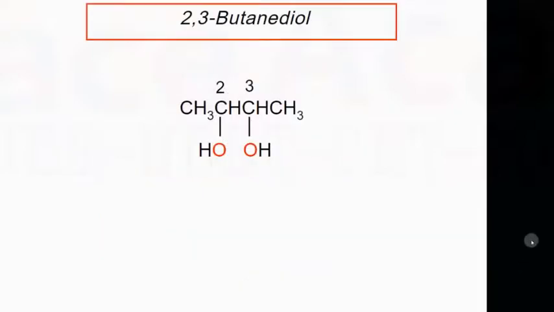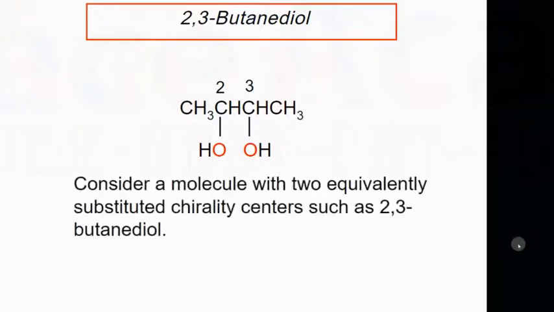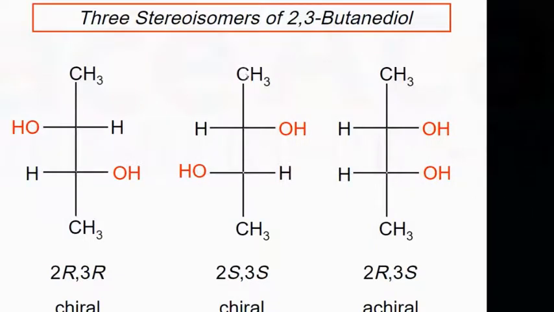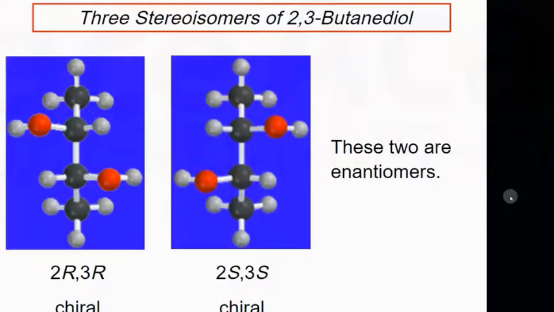Definitely. Take 2,3-butanediol, a molecule with two equivalently substituted chirality centers. 2R,3R and 2S,3S are chiral, while 2R,3S is achiral. There are three stereoisomers of 2,3-butanediol: two are chiral and one is achiral.